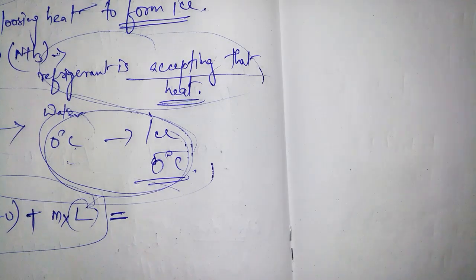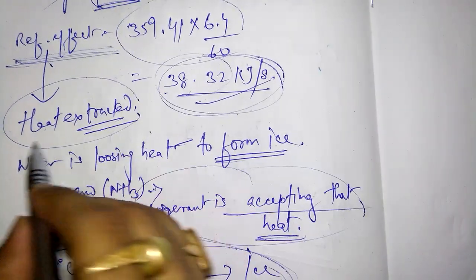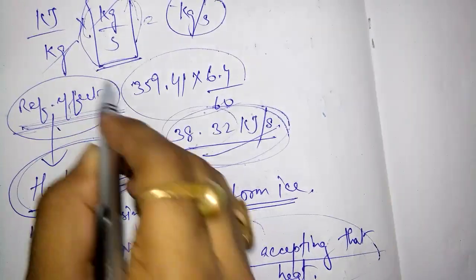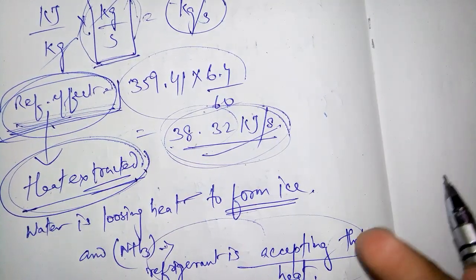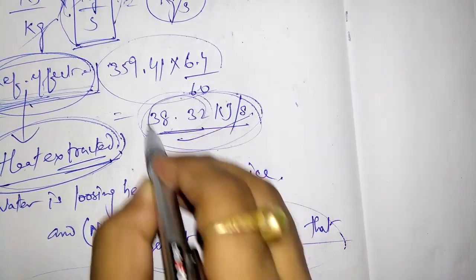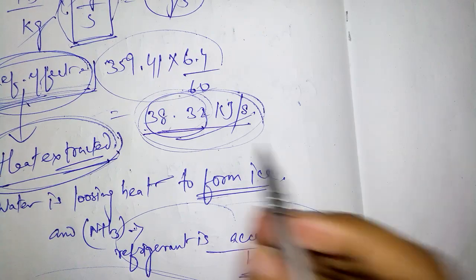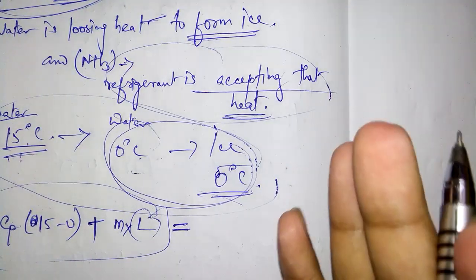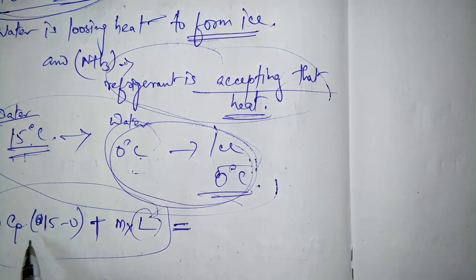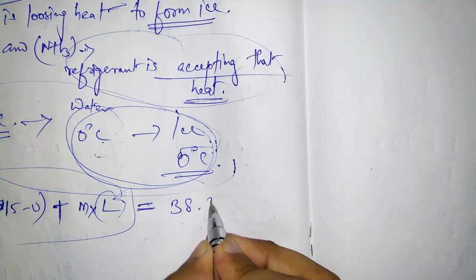Who is actually taking that heat from the water? It is the refrigerant, and we have found how much heat it is taking. The heat extracted or the refrigerating effect we have found out after such a laborious work is 38.32. The refrigerant is extracting 38.32 kilojoule per second, this much of heat from the water, so that the water can become ice. So this is equals to 38.32.